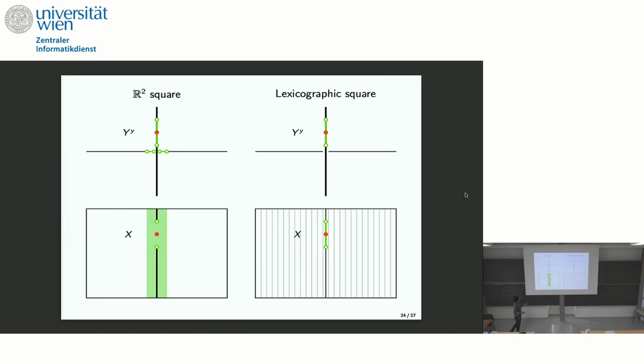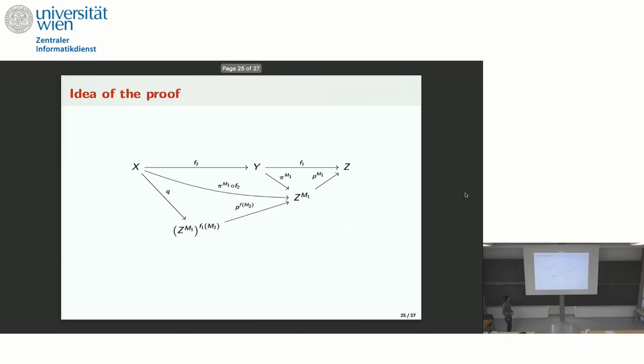So this is an example of how this works, and this is also an example showing that the mapping from the square onto the interval with the usual topology is not fully closed. And the idea is to iterate this. So we have the tree of the system.